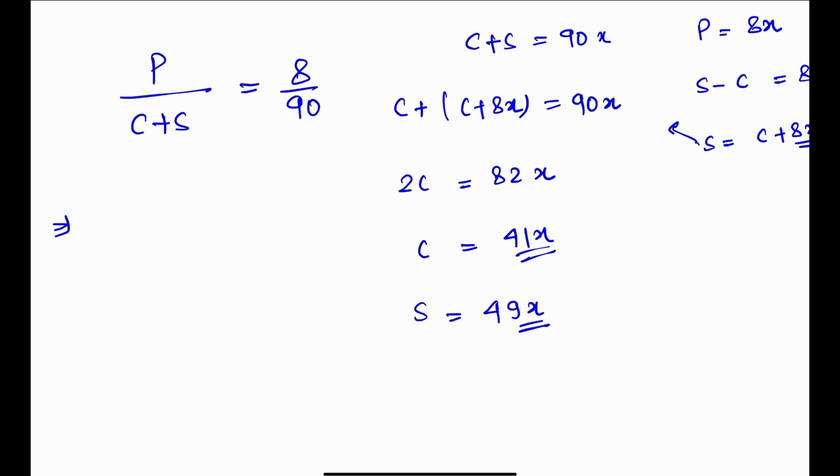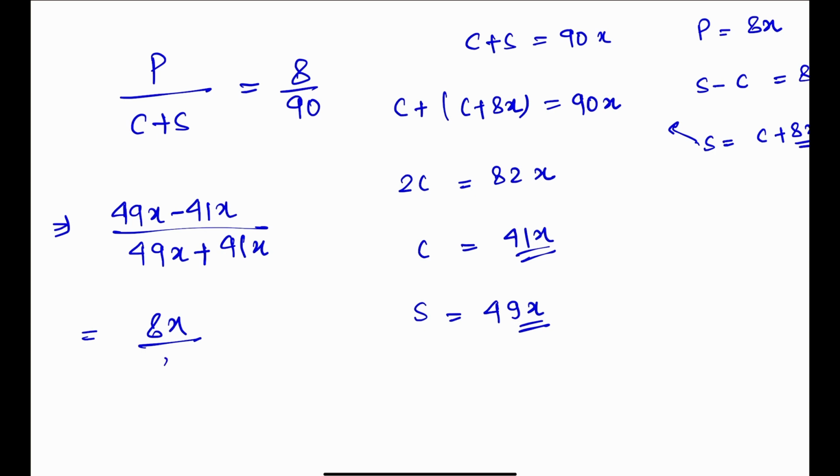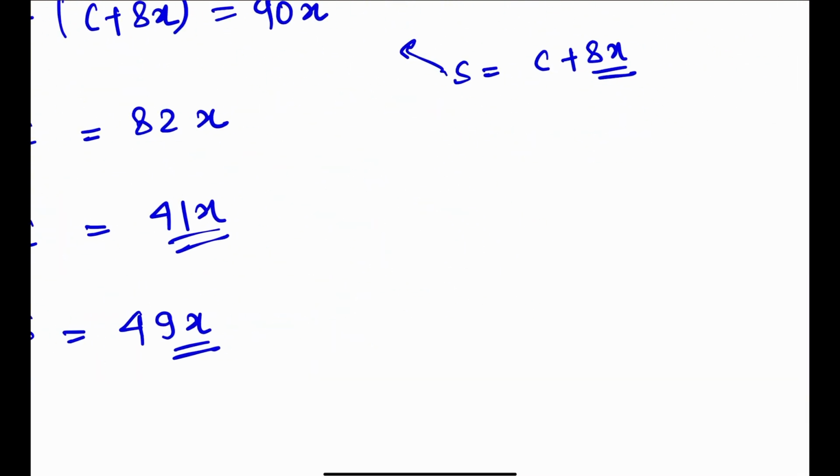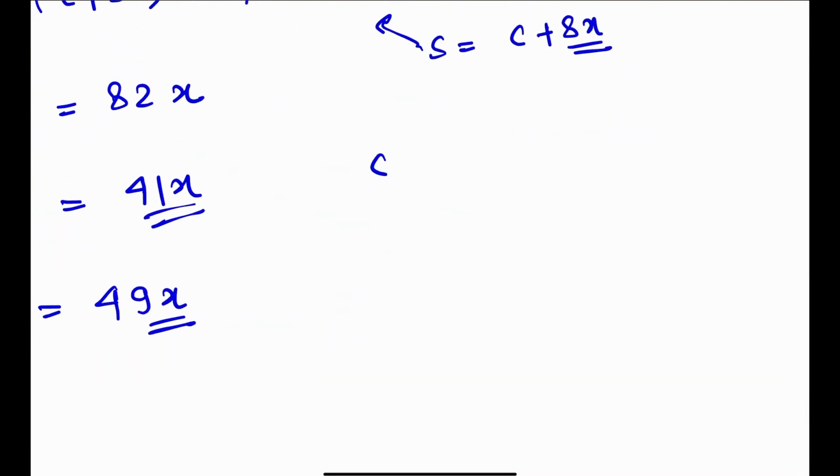Now let's try to use it on this one, and let's see if it's coming correct or not. So profit is selling price minus cost price. So 49x minus 41x divided by 49x plus 41x. So it will be 8x upon 90x. So exactly we got the value 8 upon 90, right? So now my C is 41x, my S is 49x.